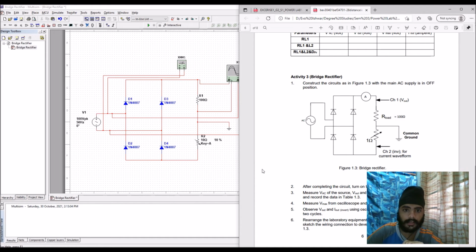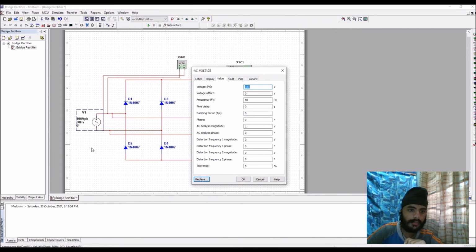So first of all, as per the lab sheet, we need to construct the circuit, and I have done it over here. Then as per the requirement, I have set the voltage source to be 100 volt and the frequency of it to be 50 Hz.